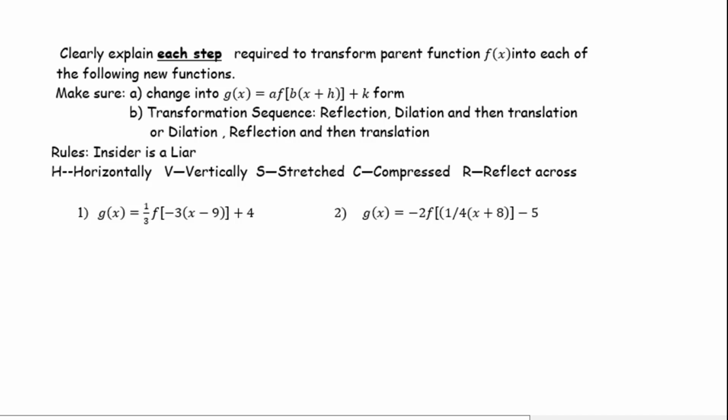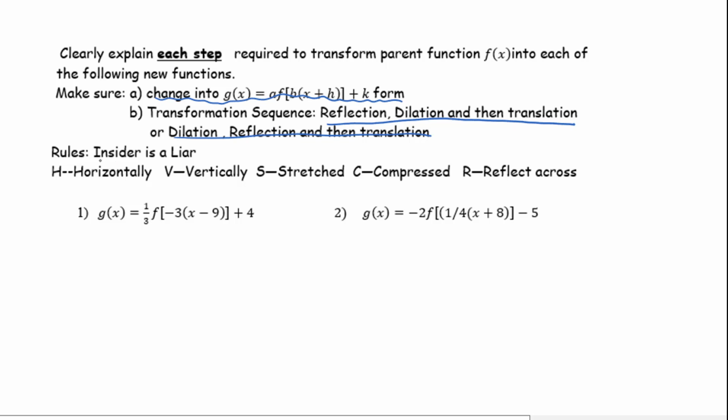Let's go to the examples. Clearly explain each step required to transform the parent function f of x into each of the following new functions. Make sure to change into g of x equals a f of b times x plus h, plus k form. Transformation sequence: reflection, dilation, and then translation, or dilation, reflection, and then translation.